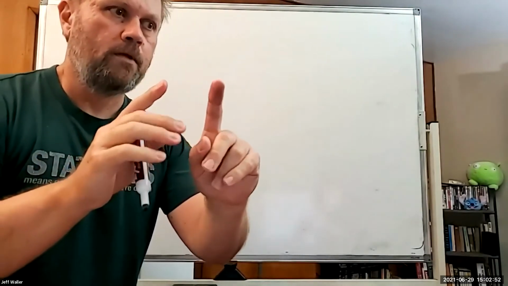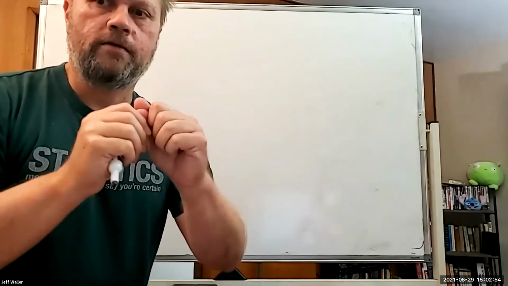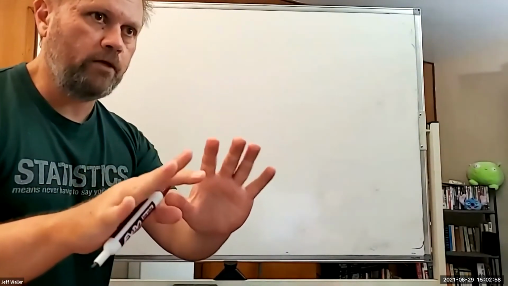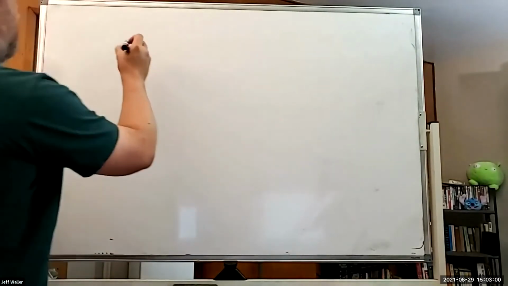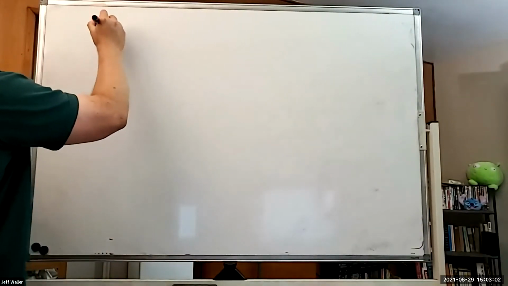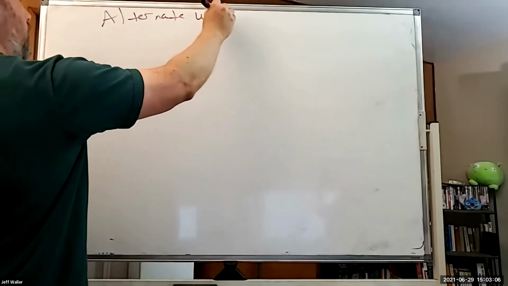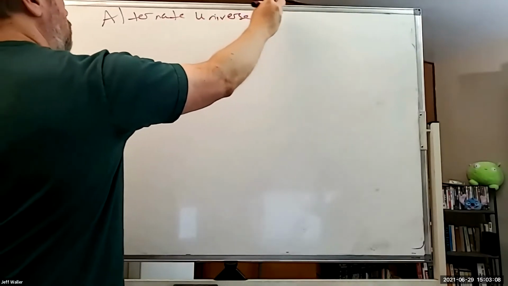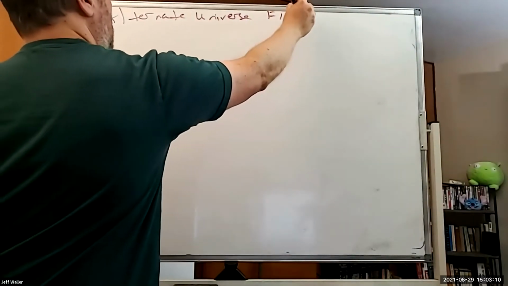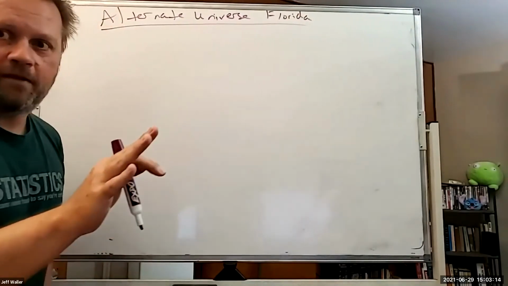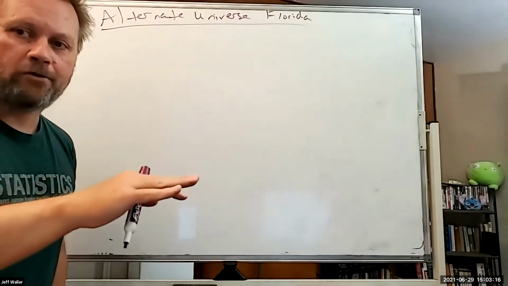Now, the group thing. So instead of picking one person, go with me on this weird example. Let's say we're in alternate universe Florida. It's not too different than our Florida, which means it sucks a lot. But it's got a lot of young people and a lot of old people.